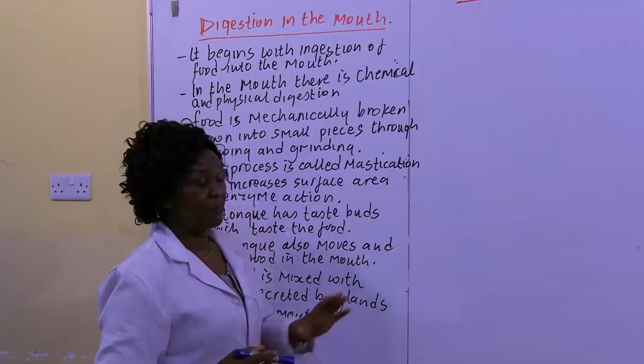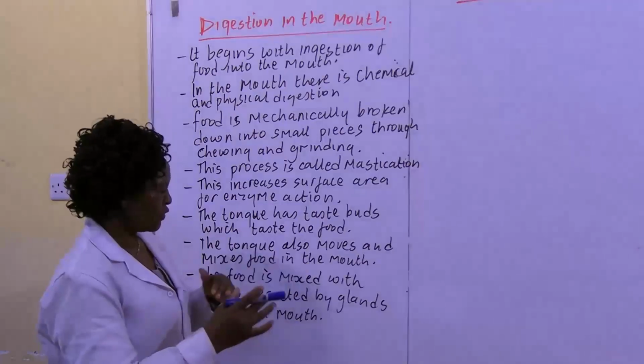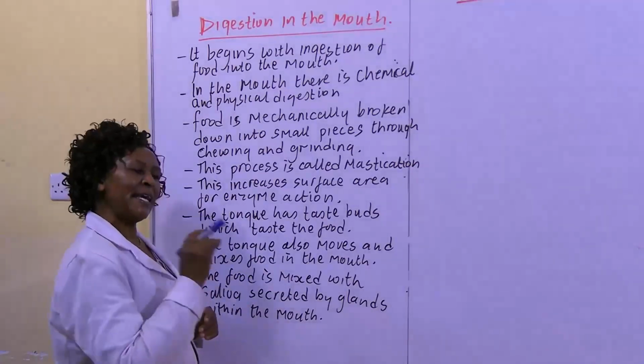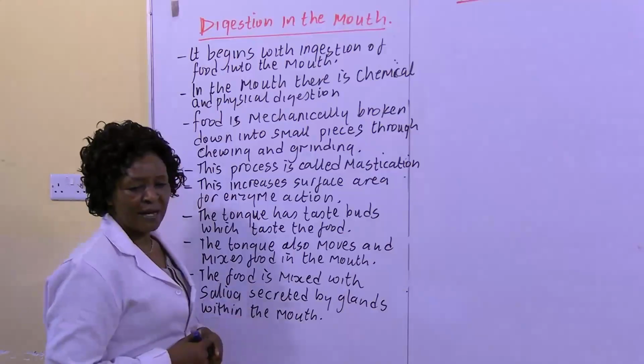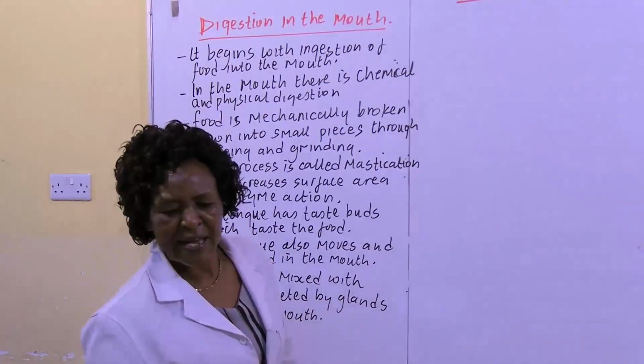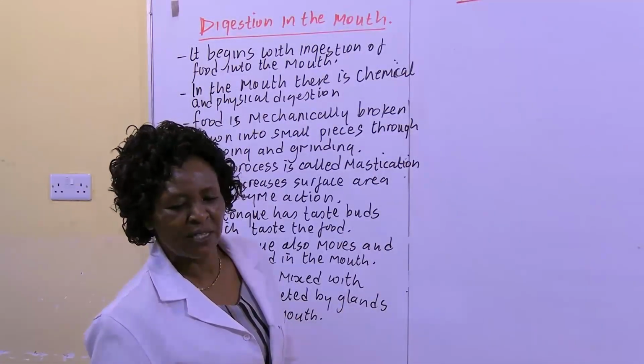So the tongue mixes up the food and moves it within the mouth, and in the process mixes the food with saliva that is secreted by glands located within the mouth.